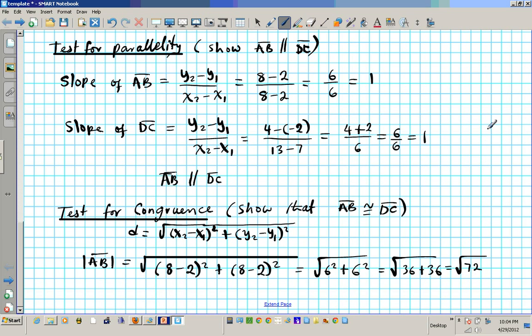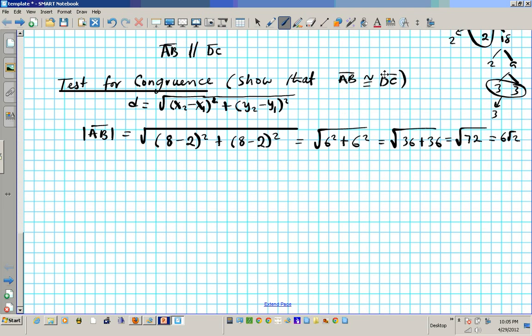Alright, we can break this down. 72, take out 2, 2 goes in 72 36 times, take out another 2, 18, take out a 2, 9, and then 3. Alright, so these two 2's come out as a 2, and these two 3's come out as a 3. So this final answer, the simplified form, is going to be 6 root 2. Okay, so 6 root 2 is basically what root 72 is. And that's the length of segment AB.